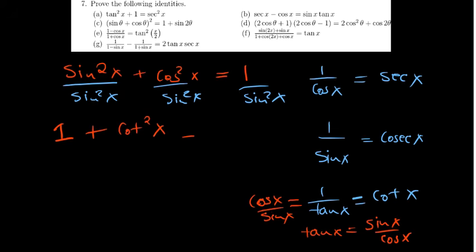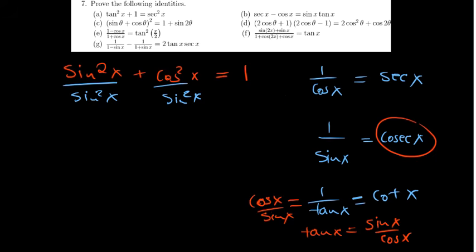And that is equal to 1 over sine, which is cosecant, so it will be squared as well because of the square. So I've already shown you one of these identities just from here, after dividing by sine squared of x. What if we now divide by cosine squared? We can also come up with another identity.